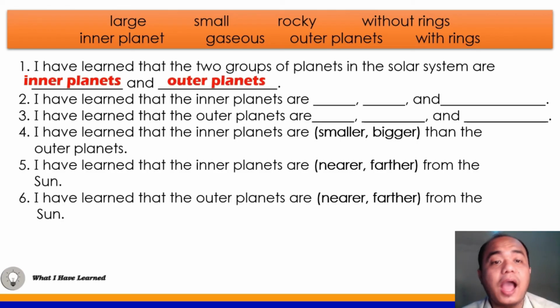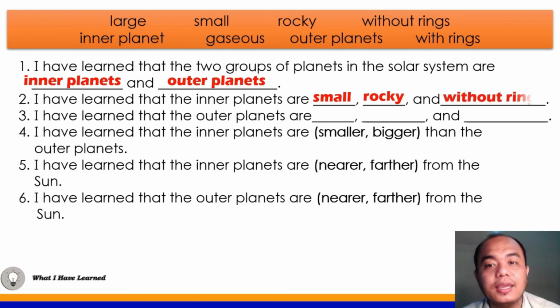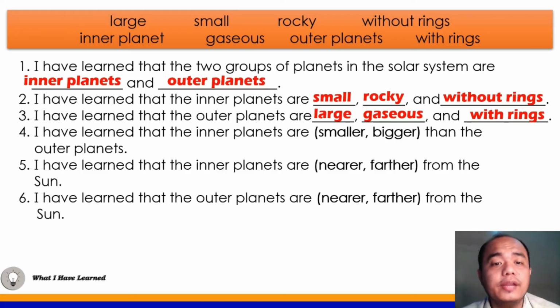Good. Next, I have learned that the inner planets are, yes, it's small, rocky, and without rings. Very good. Next, I have learned that the outer planets are large, gaseous, and with rings. Very good. Number 4, I have learned that the inner planets are smaller, bigger than the outer planets.